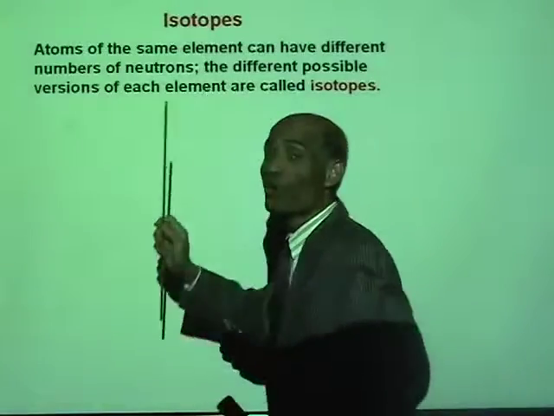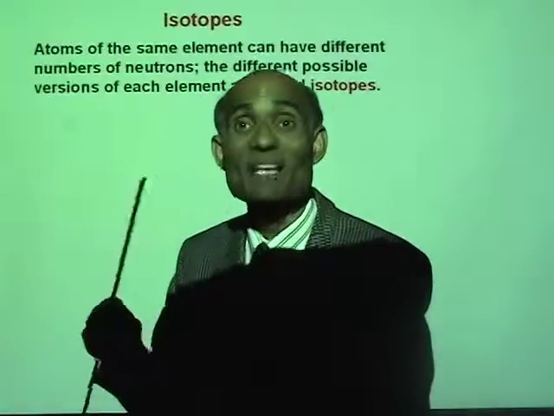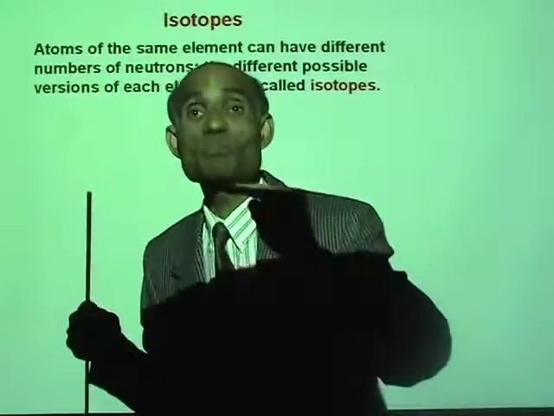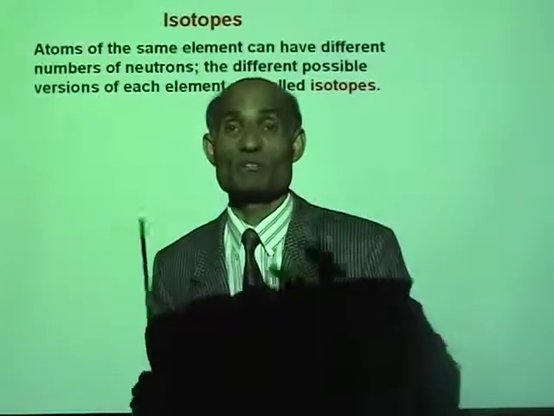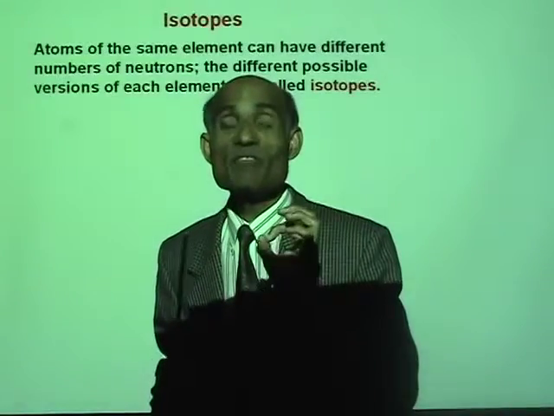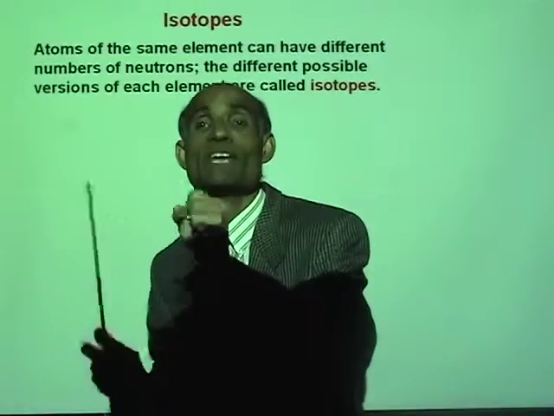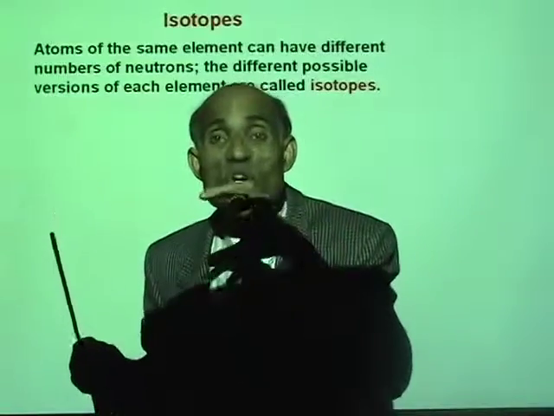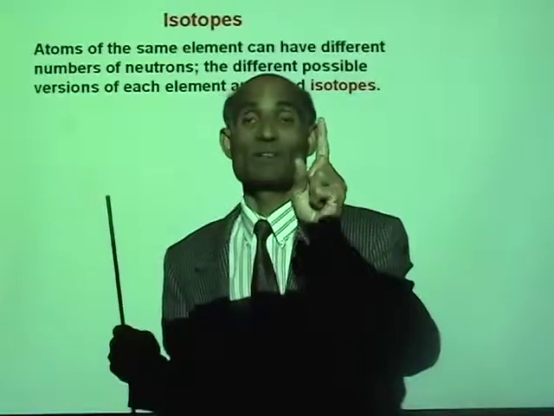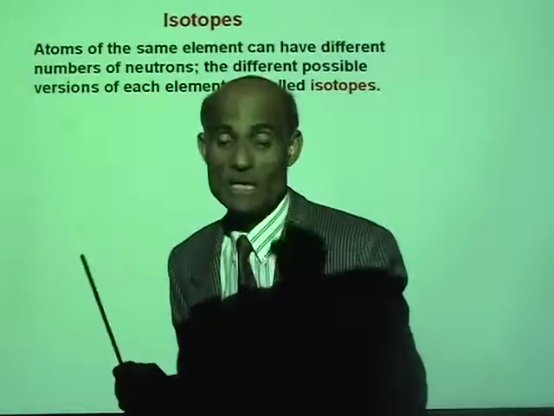How do you know they are of the same element? Because of the same atomic number. The number of protons will identify the element. For example, if the nucleus contains 6 protons, irrespective of the number of neutrons, that nucleus belongs to carbon. Carbon has 6 protons, you see.